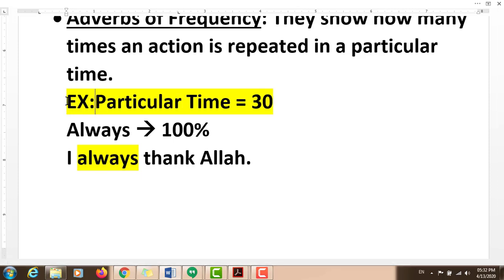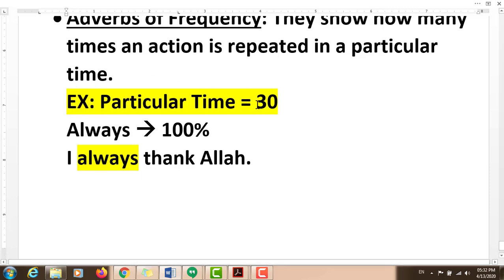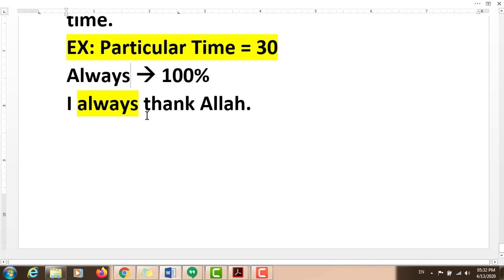For example, the particular time is 30 days. We divide these 30 days into percentage. So if you divide 30 days into percentage, 100% you do something. I always. So what is this one? Adverb of frequency, and you do this action, thanking Allah or thanking God, 100%. That means all the 30 days, every day, you always do that.